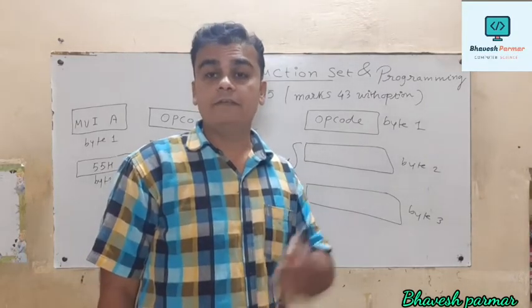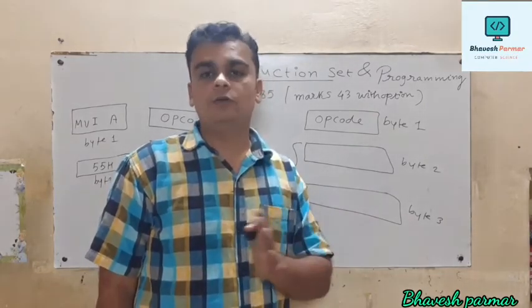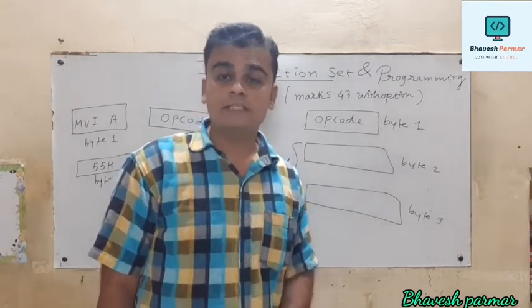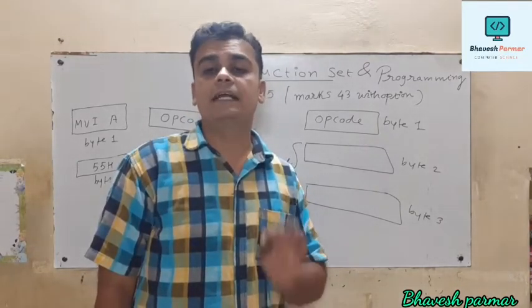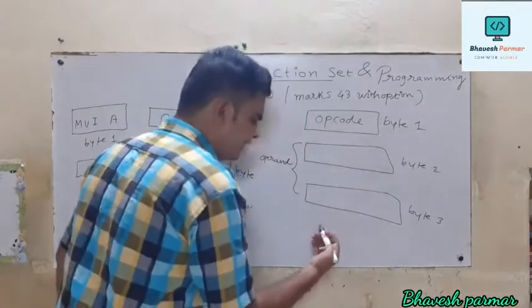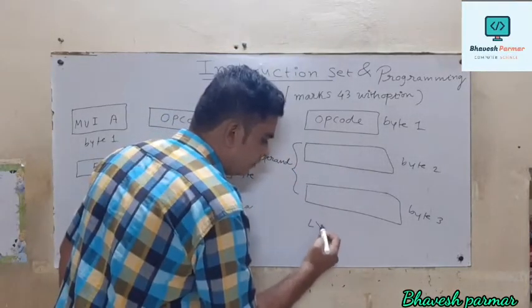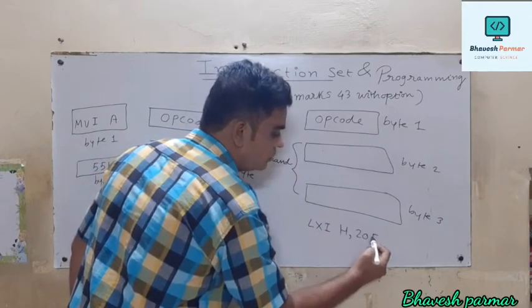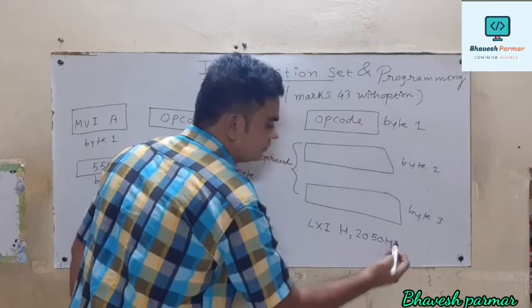How can we identify whether it is data or an address? If we have a 2-digit number, we can directly say that it is data, and if it is a 4-digit number, then it is a 16-bit address. I will show you one example. Suppose I write down LXI H, 2050H.